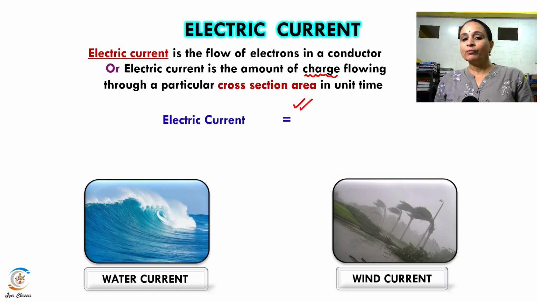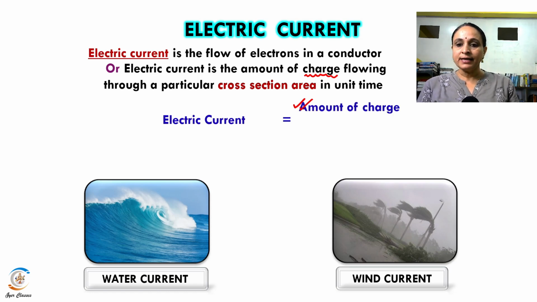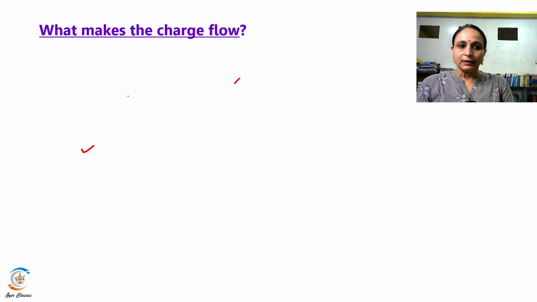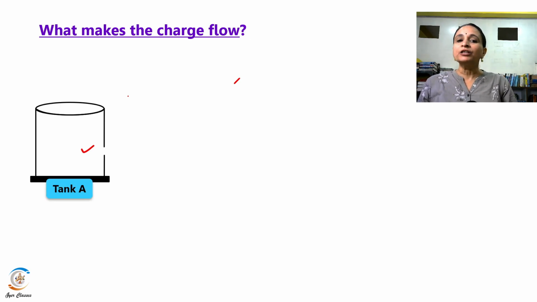If you want to write the formula for the electric current, then it is the amount of the charge divided by the time, right? So, what makes the charge flow? Now, you can know this from some analogies from common experience.